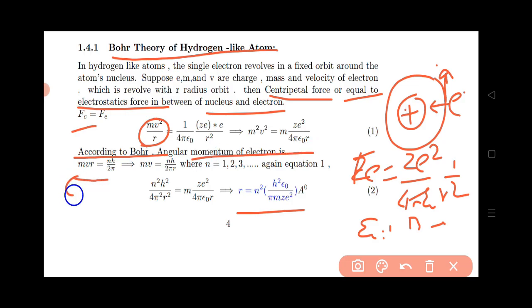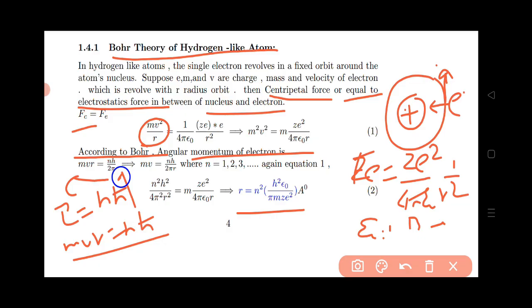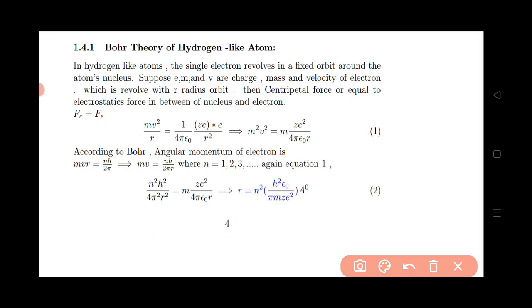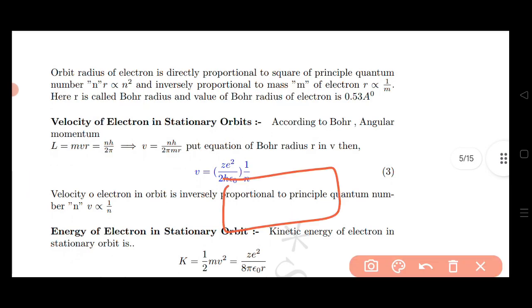Second postulate of Bohr, angular momentum L equal to n h cut, where L is equal to mvr equal to n h cut. ठीक है, mv equal to nh upon 2 pi r, and equating this we get r equal to n² h² epsilon naught upon pi m Z e². Orbit radius of electron is directly proportional to the square of principal quantum number.